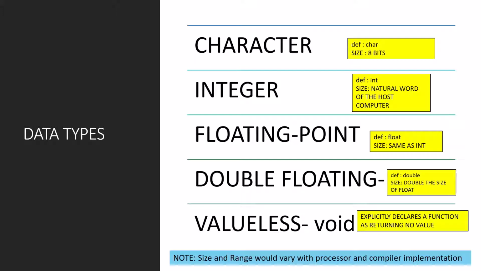If you're working with Linux, with a 64-bit configuration, which means an 8-byte word, the size of a long integer, which we're going to discuss shortly, is going to be 8 bytes. But if we're working with Windows with a similar 64-bit configuration, the size of the long integer would be 4 bytes.